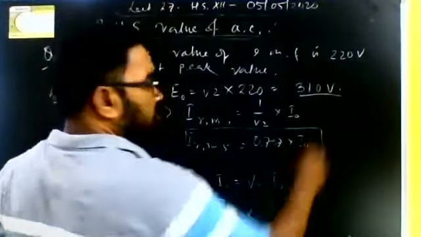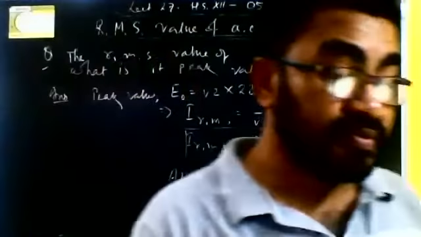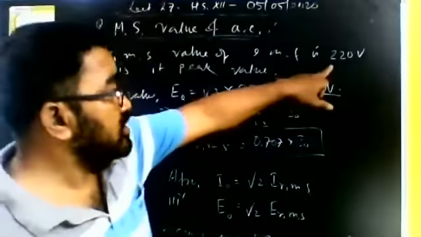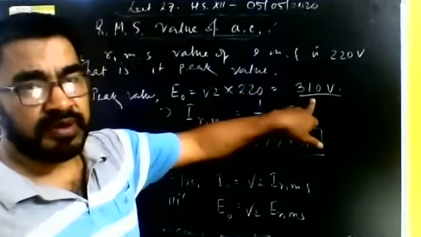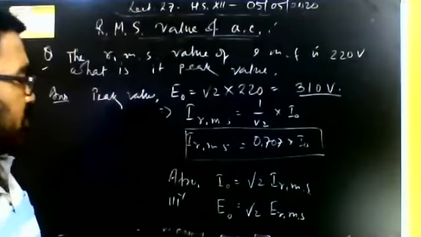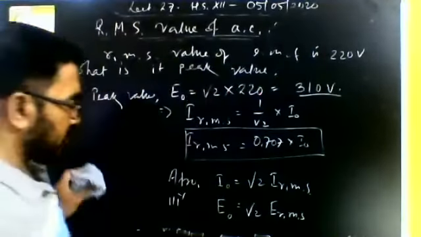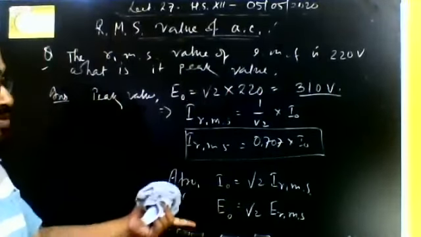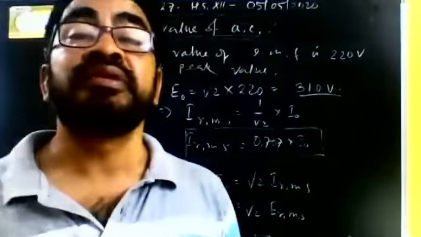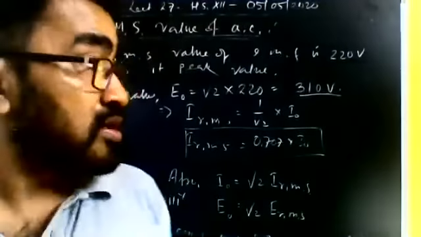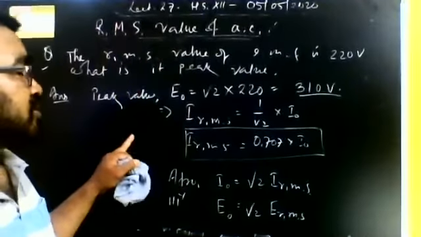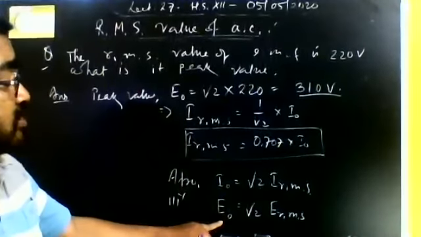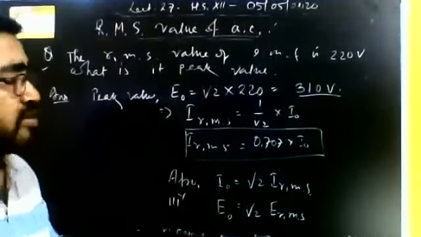This is the average value and this is the peak value. Similarly, you can find the peak value of current also. So in this way, we can find the RMS value of alternating current and the RMS value of alternating EMF also. These are very important relations.